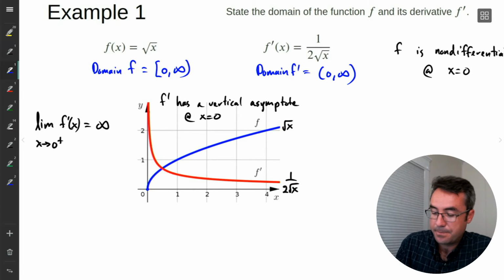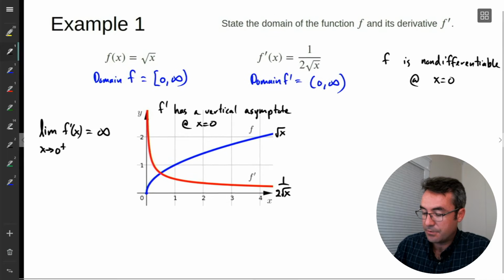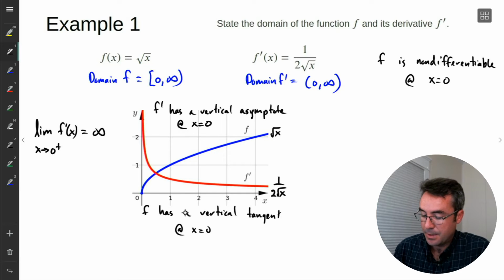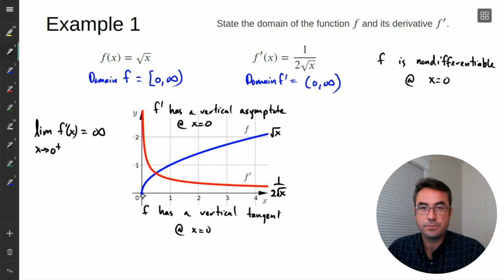What we have here is our function f has a vertical tangent at x equals 0. Just as we saw, if we zoom in on that point, our function looks like it's straight up and down near x equals 0.